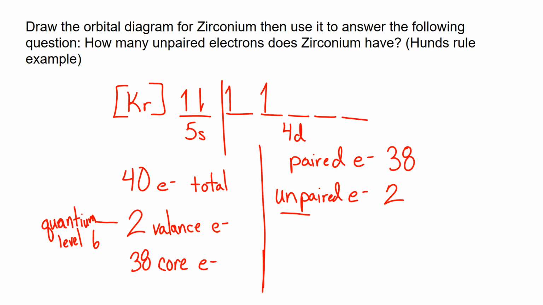Now realize these 2 unpaired are actually in our 4d. It's not our outermost shell. It's actually an inner shell that has the unpaired. Now another way that they can ask this question is about core electrons versus valence electrons.